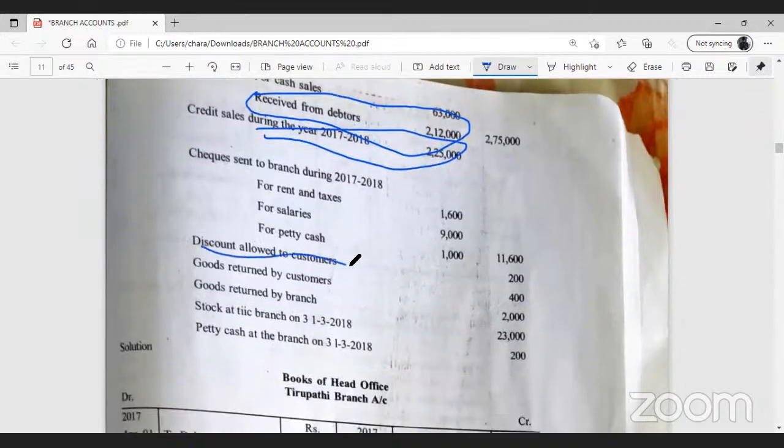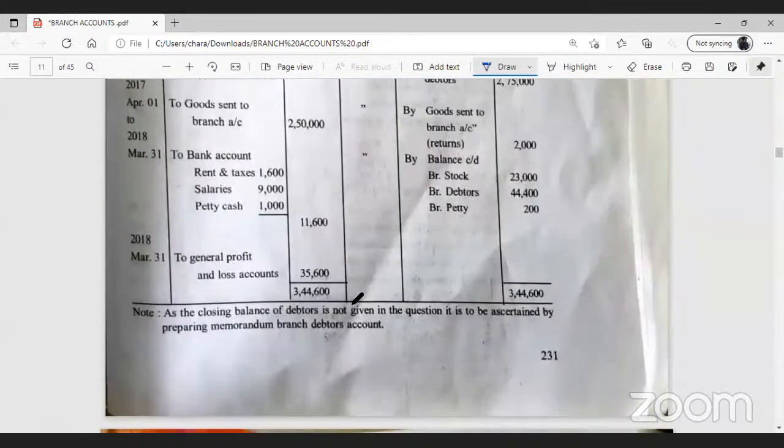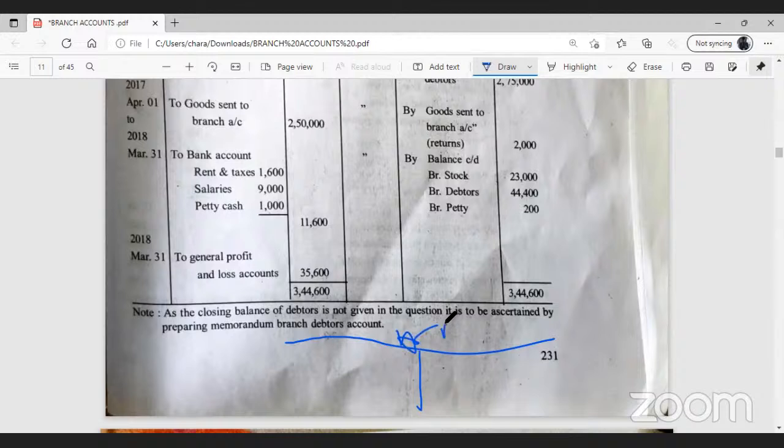Then discount allowed to customers is nothing but debtors. By taking all this information in a ledger account, you will get the missing information relating to the debtors. So let us see what that missing information is. Open the debtors account.